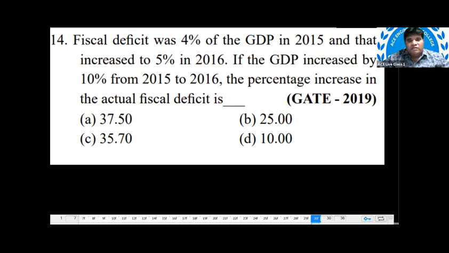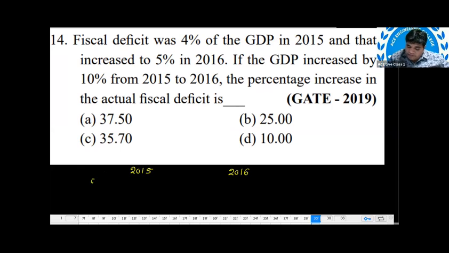The fiscal deficit was 4% of the GDP in 2015.